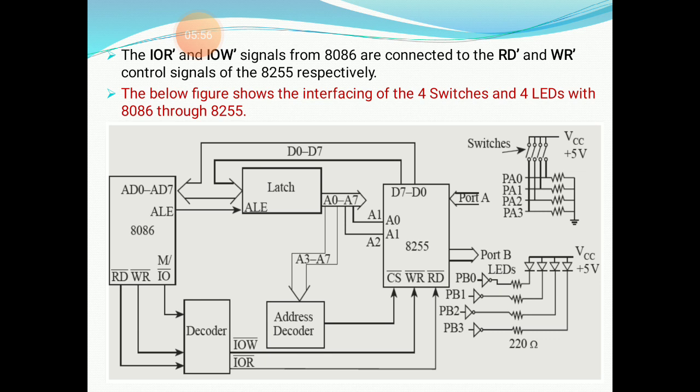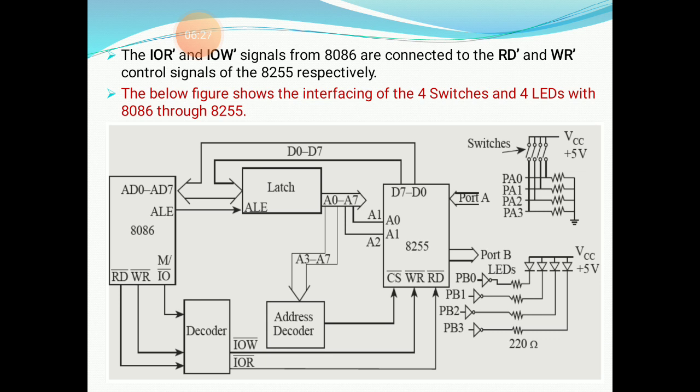Among the 8-bit address, two address lines are connected to 8255 address lines A0 and A1, and the remaining address lines A3 to A7 are given to the address decoder. The status signals M/IO bar, RD bar, WR bar are also given to the decoder. The decoder decodes those status signals and generates two input output control signals, IOW bar and IOR bar.